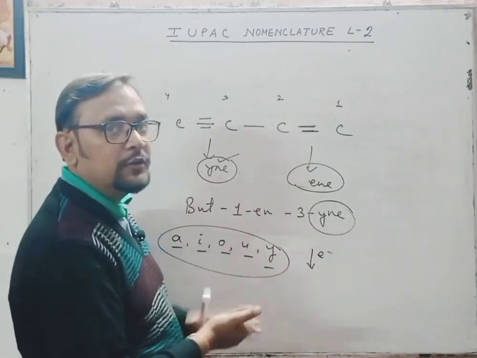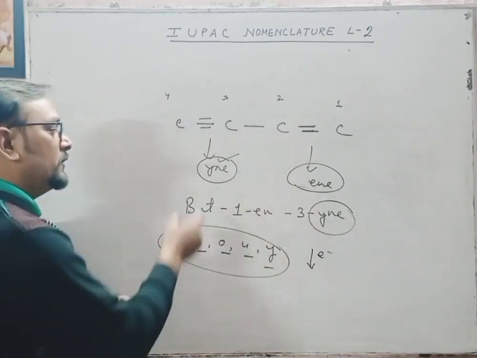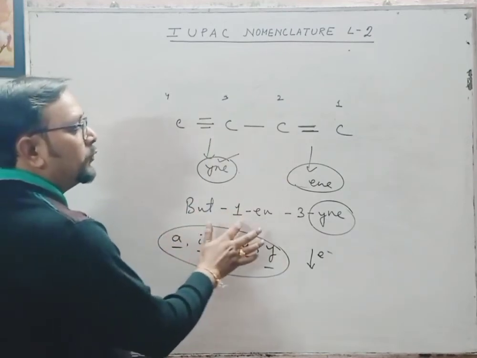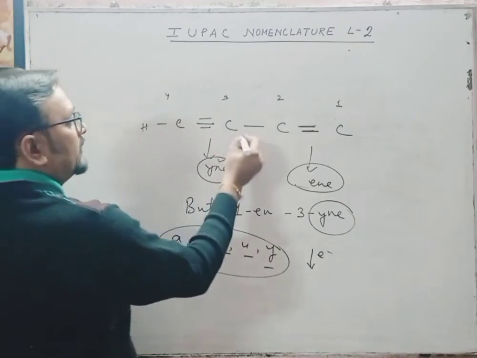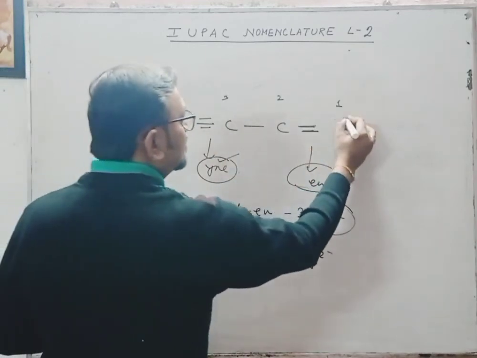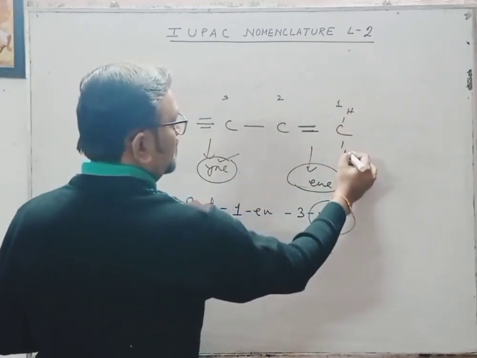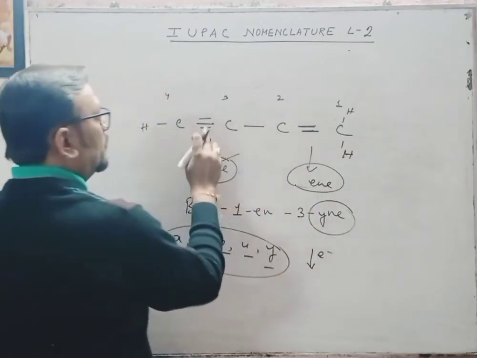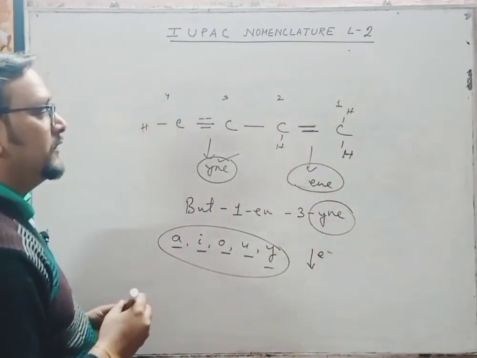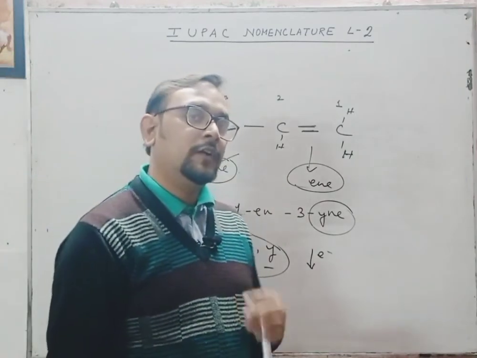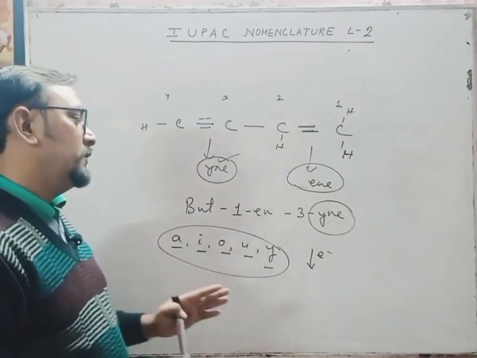The vowel you need to drop. So the correct name of this compound is but-1-en-3-yne. And finally give the hydrogens and complete the structure. So 1, 2, 3, 4, 1, 2, 3, one more hydrogen is to be given over here. Understood, all of you?